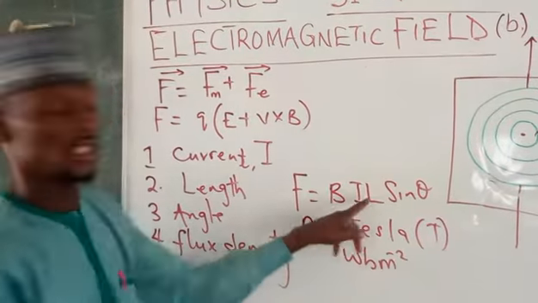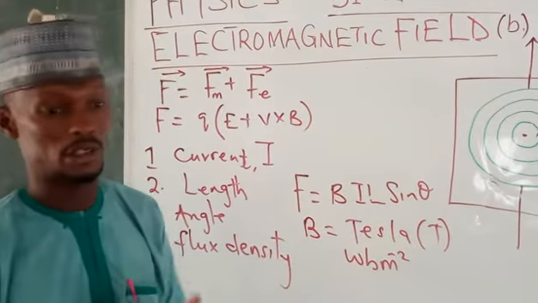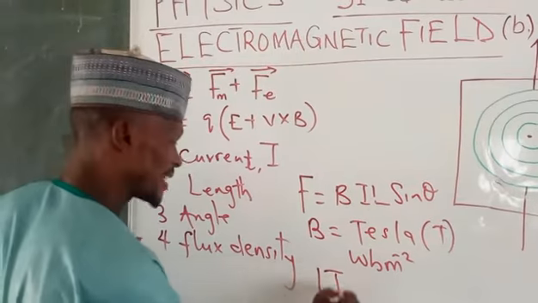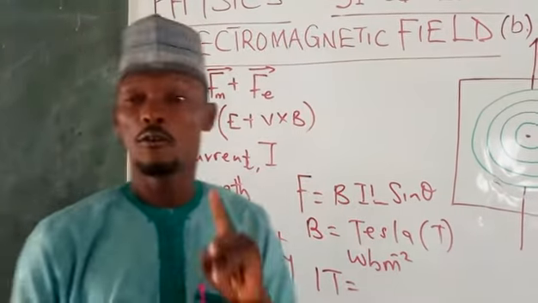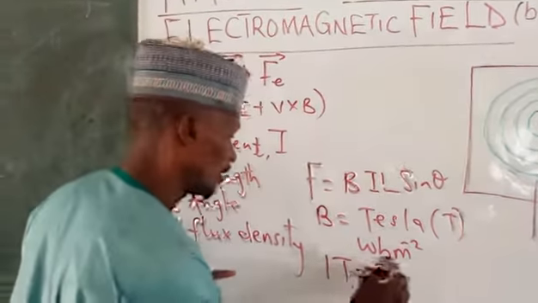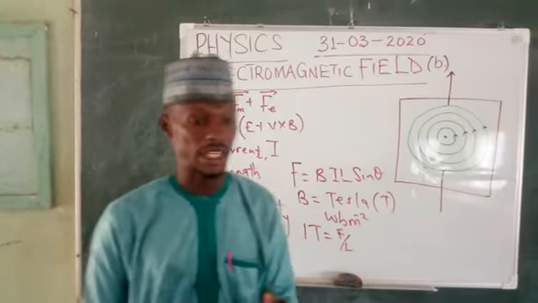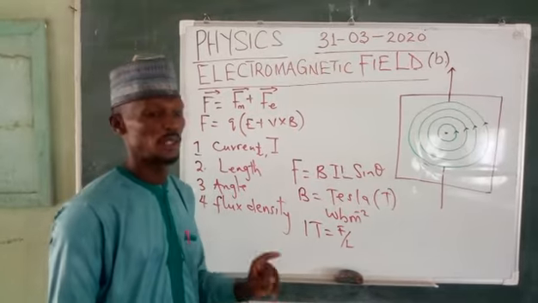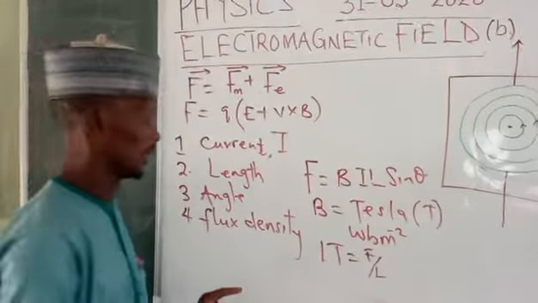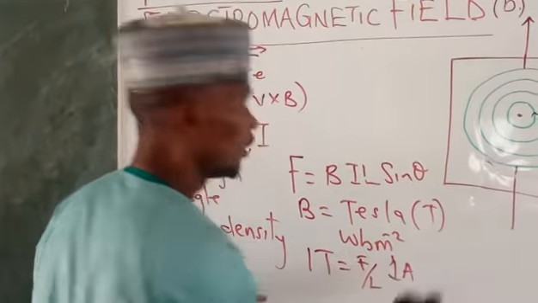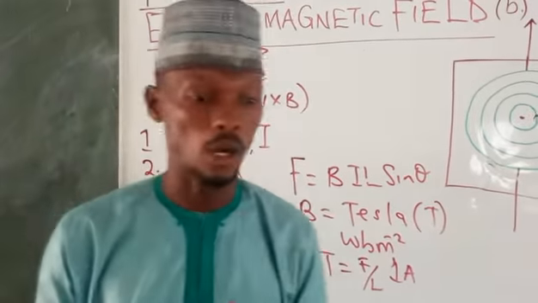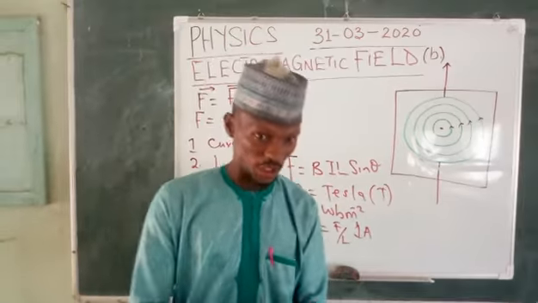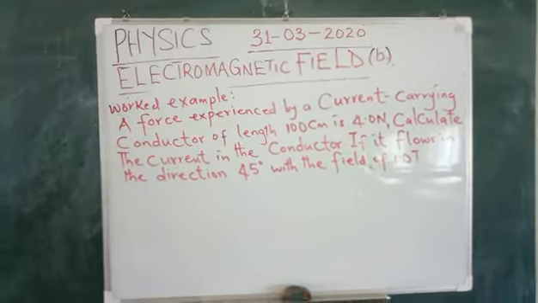Number three is the angle between the conductor and the field. And then the last one is the strength of the field, which is referred to as flux density.